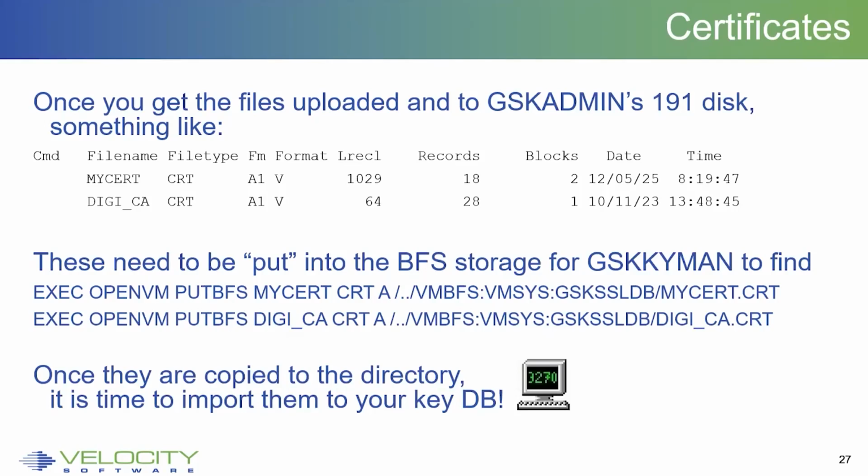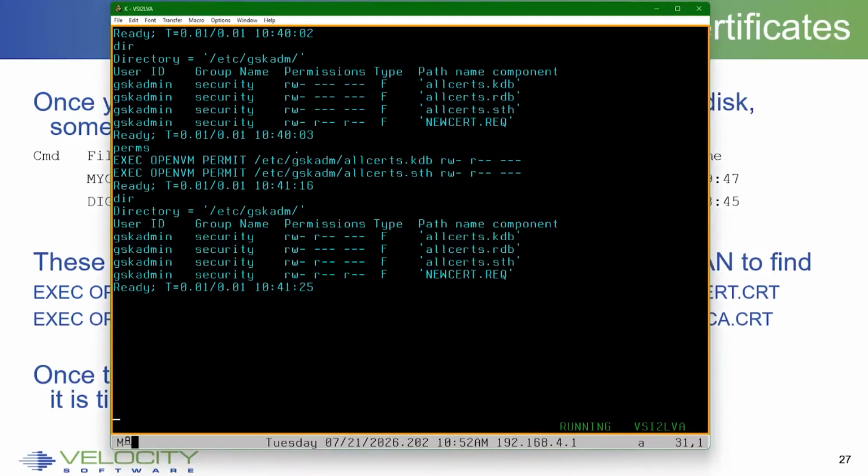So that is the certificate authority certificate identifying them as the signer of mycert. You would have to put those files into GSK Keyman, or for GSK Keyman to be able to see them and use them. And again, I'm going to switch now into 3270 and walk through this as an example.